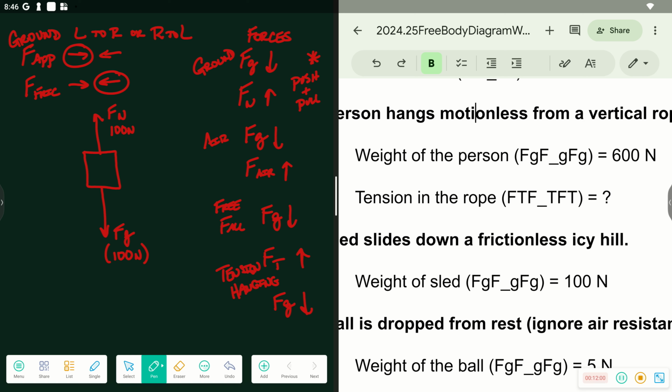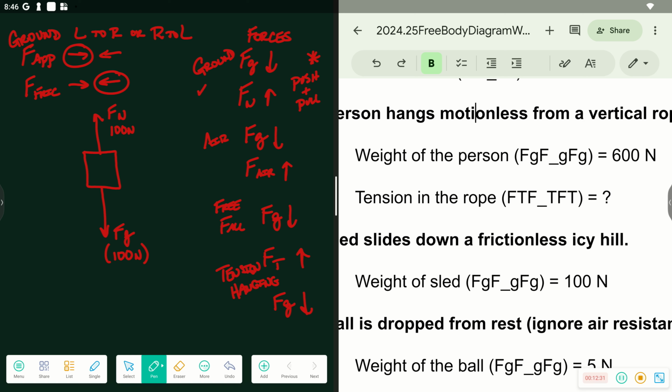As long as it's a hill and as long as there's no friction, that object is going to continue to move in the same direction in a straight line at the same speed. So therefore, there's no applied, there's no friction, there's no anything. The only thing you had was the weight of the sled, which is on the ground. So because it's on the ground, you got to do both gravity and normal.